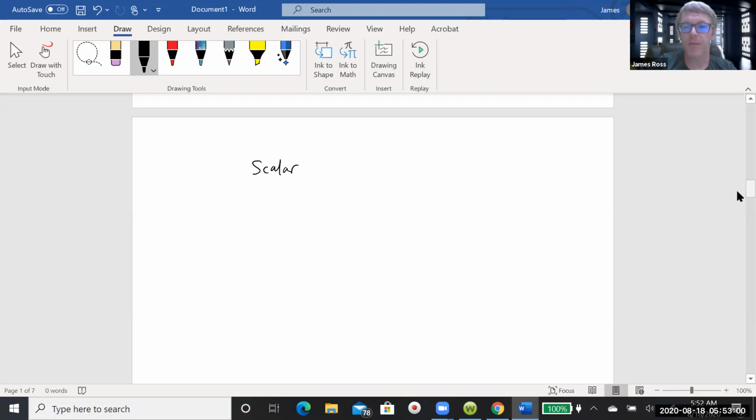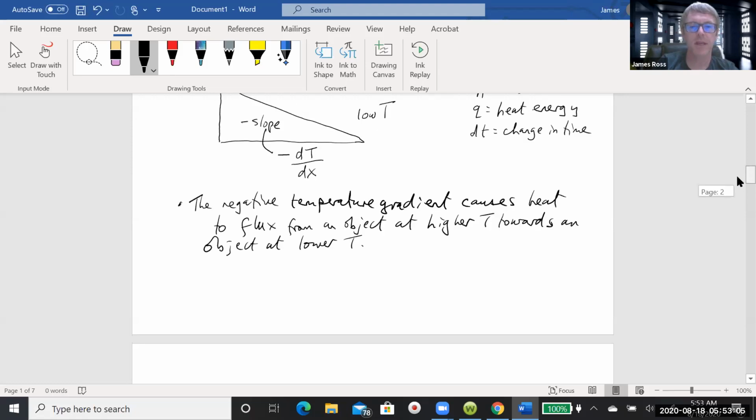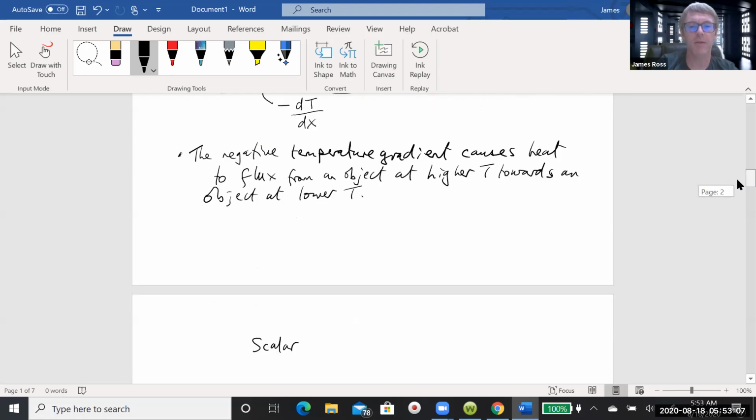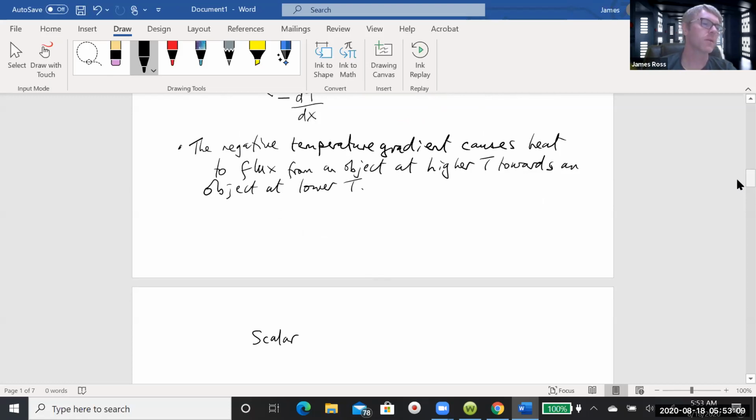Sorry, I actually hadn't finished. I knew something was missing. I just couldn't figure out what it was. I missed some comments here about temperature. Okay, I wanted to summarize. Sorry, just before we get stuck in scalar fields, I wanted to summarize.